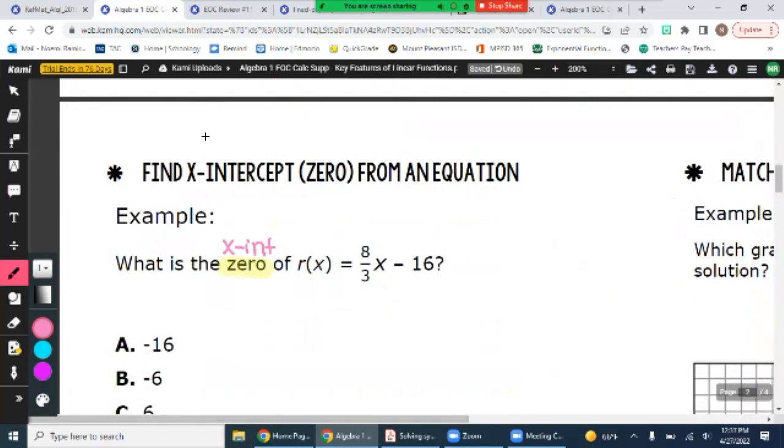We're going to do both. R of x. R of x is the same as having what? A y equals in that spot, right? And anytime you see a y equals, what do you do? Put it in y equals. So type into y equals. You want to type that into y equals and just simply look at the graph.